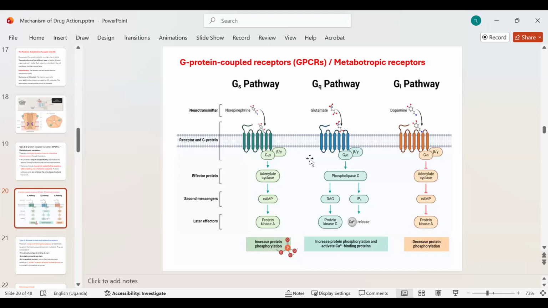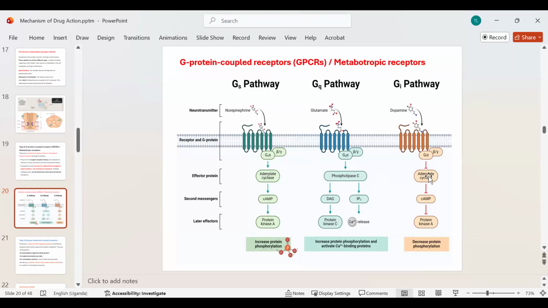Yet for a Gq coupled receptor, the effector protein is a phospholipase C enzyme. And then for a Gi coupled receptor, the effector protein is the same as the one for Gs.